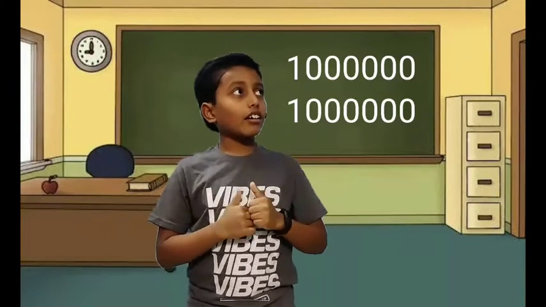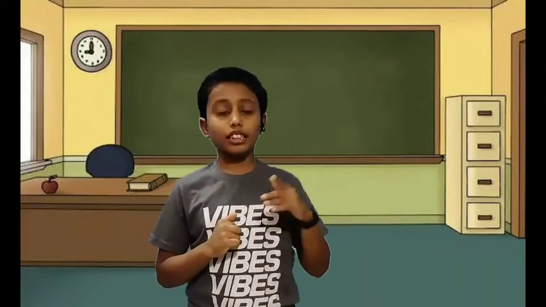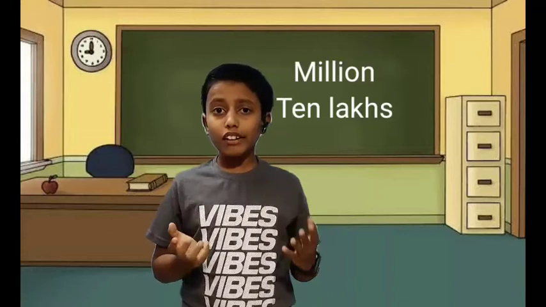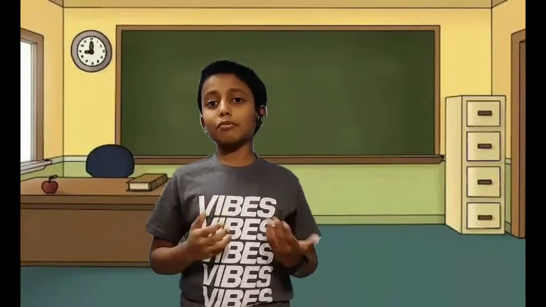After putting, we will observe that there is an equal number of zeros in these two numbers. If these two numbers are equal, then why did we keep different names for these numbers? Because one is in the Indian place value system and another is in the international place value system. So I will now explain it to you.